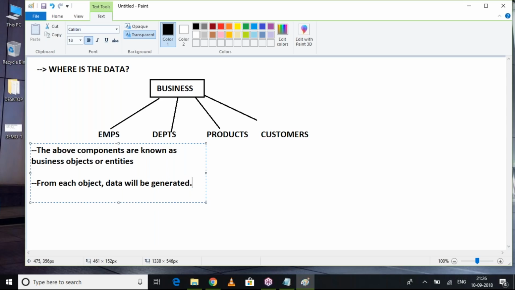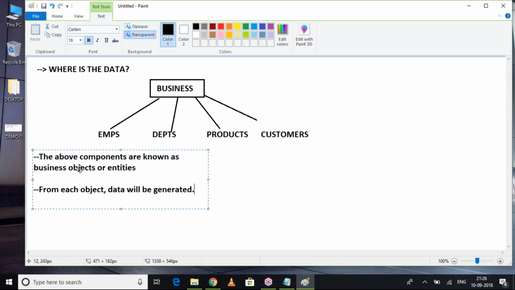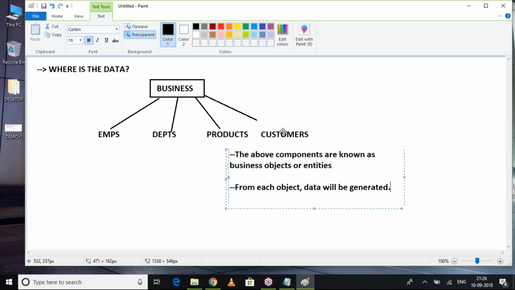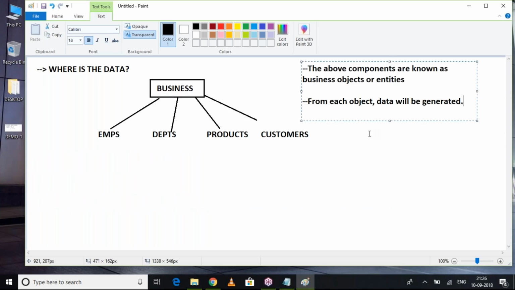So from each object, the data will be generated. That information is to be saved under database. Okay, so listen, where is the information from?